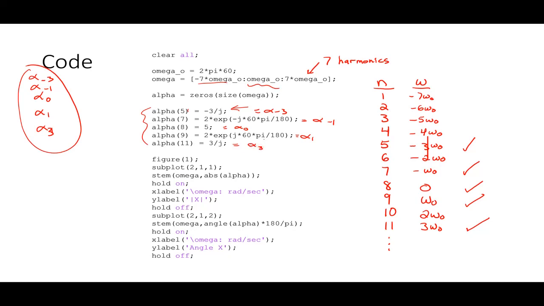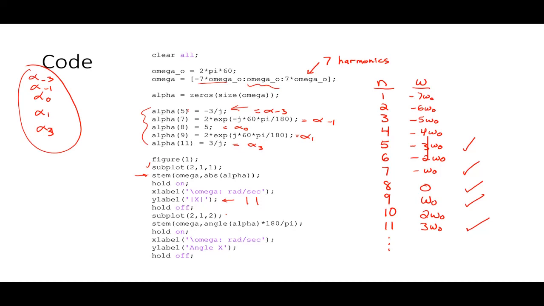I put those values in there, and then I make a plot. Now in this case, what I do is I use the subplot command. So the top plot, I plot the magnitude. All right, and the way I've expressed that is I put these bars in there to say magnitude. All right, and then I did the angle of x in the bottom plot. Okay, so notice here I'm using what I call the stem command.